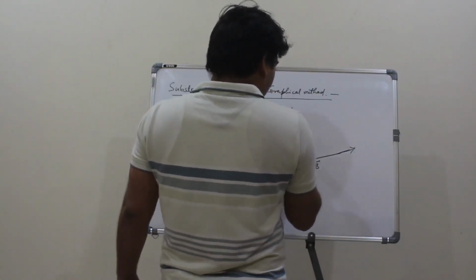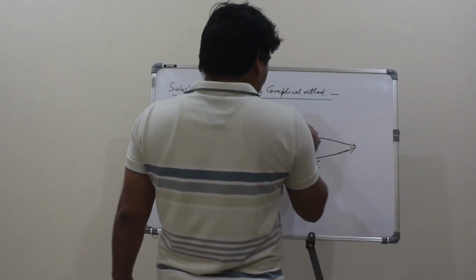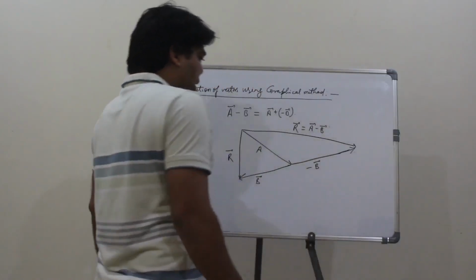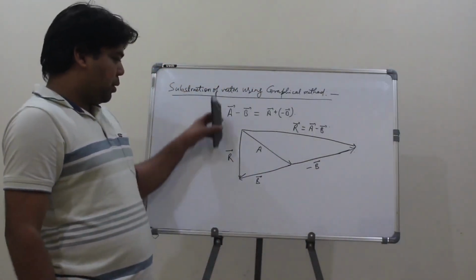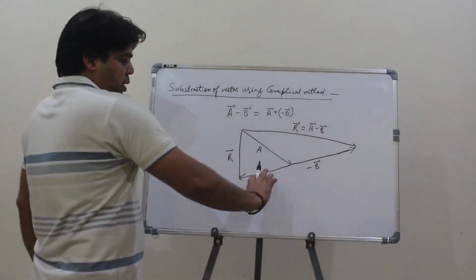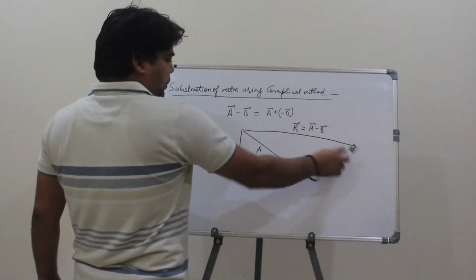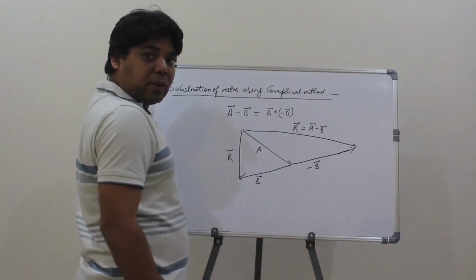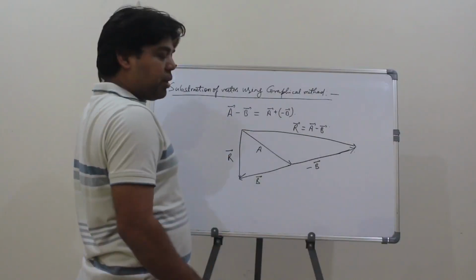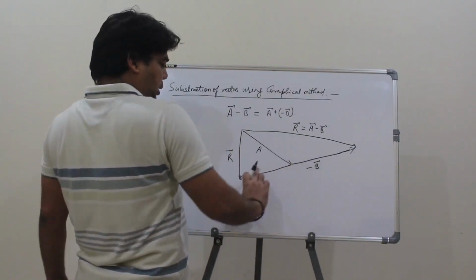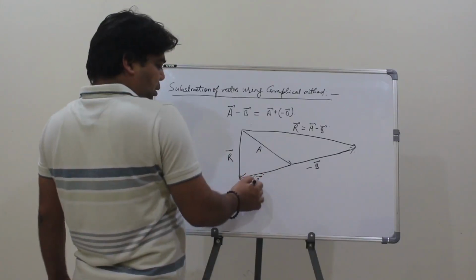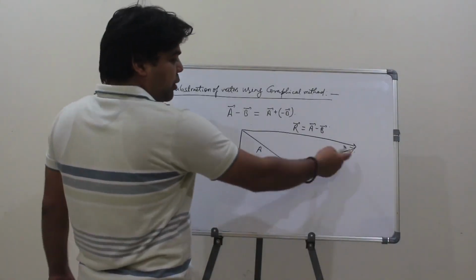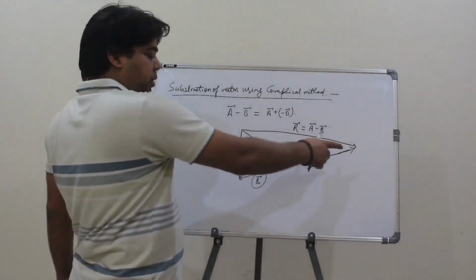And then this will be the resultant R, which is A minus B. So this is A plus B, and this is A minus B. If the direction of the arrow changes, the resultant vector changes like this. So this is called the subtraction of vectors using the graphical method. Simple, just the direction which you are using for addition, you will just reverse it to use it for the subtraction, right?